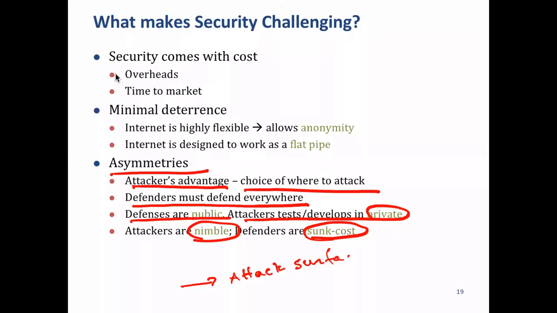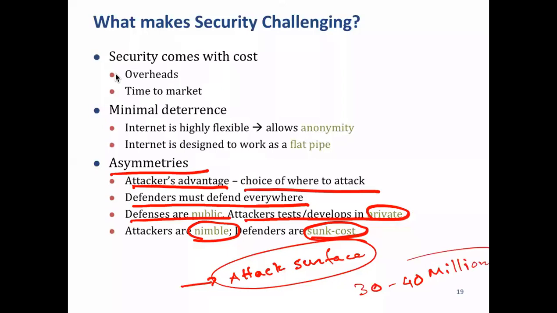Think of a software system like your mobile phone, for example. It has 30 to 40 million lines of code, even more than that. How can they protect it? There may be 1,000, 2,000 plus APIs. Many APIs would have been developed 10 years back, and there may be many backdoors.